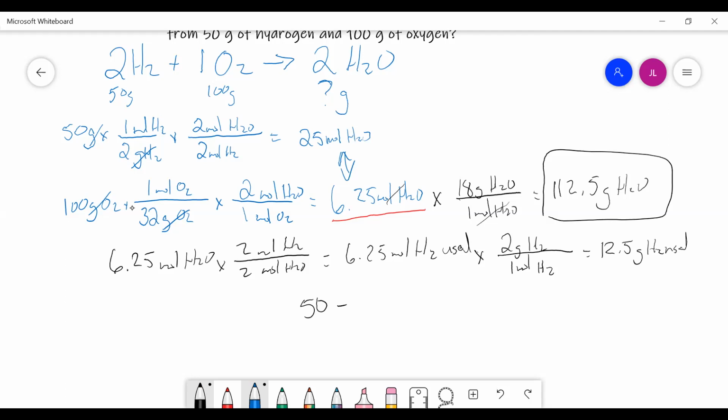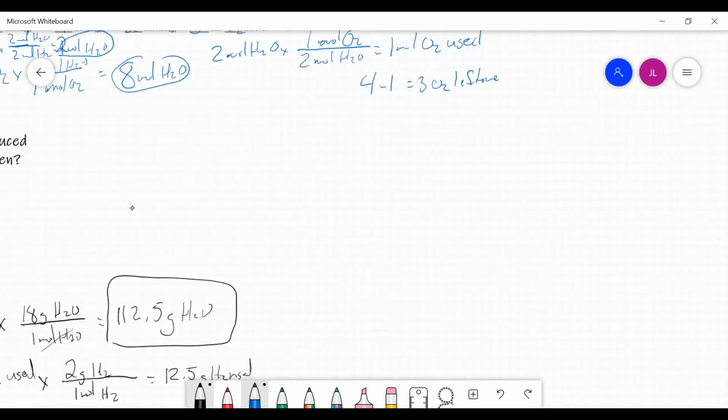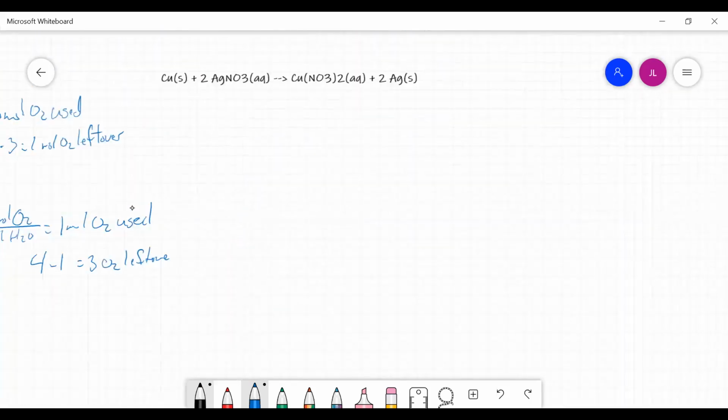We subtract out that 12.5, and we are left with 37.5 grams of H2 in excess. Simple enough? Well, let's go look at one more, a little more complex.